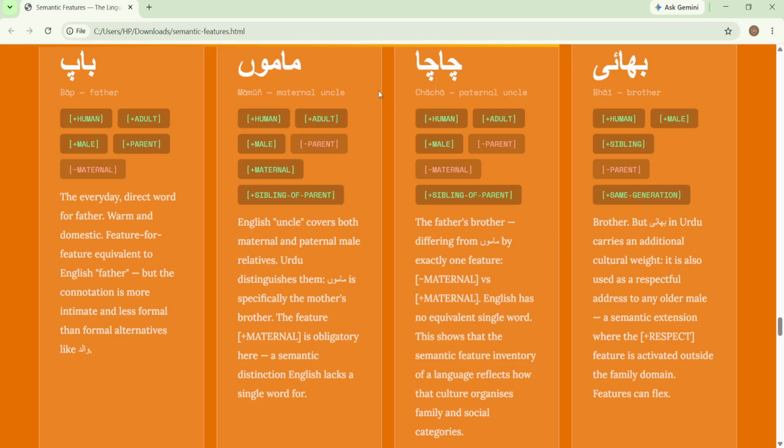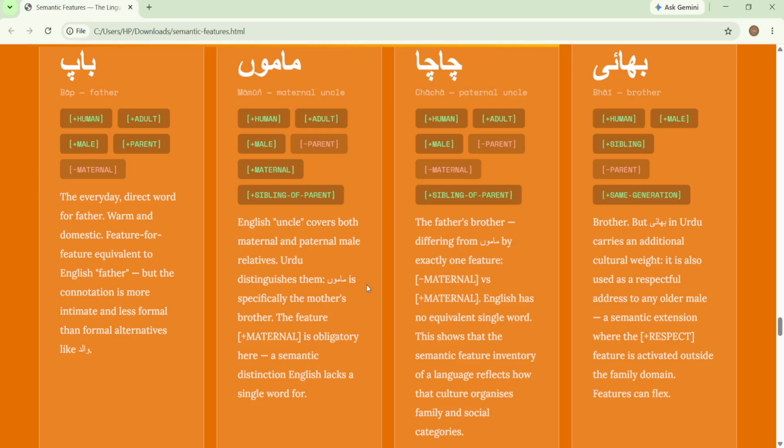So this is the paternal side, while on the maternal side is mamu, which is maternal uncle. So here maternal is negative in chacha but positive in mamu. English uncle covers both maternal and paternal male relatives.